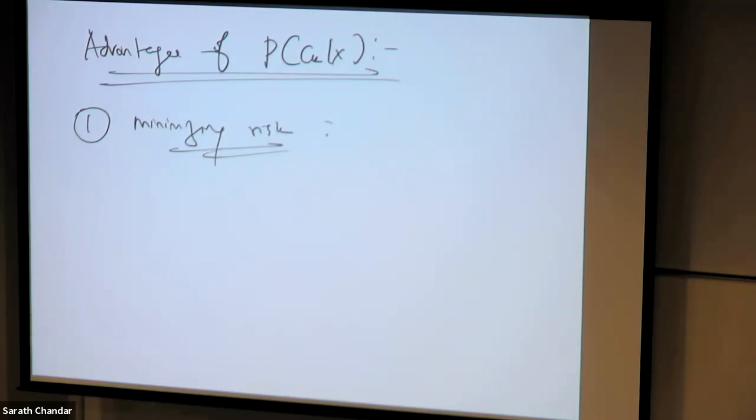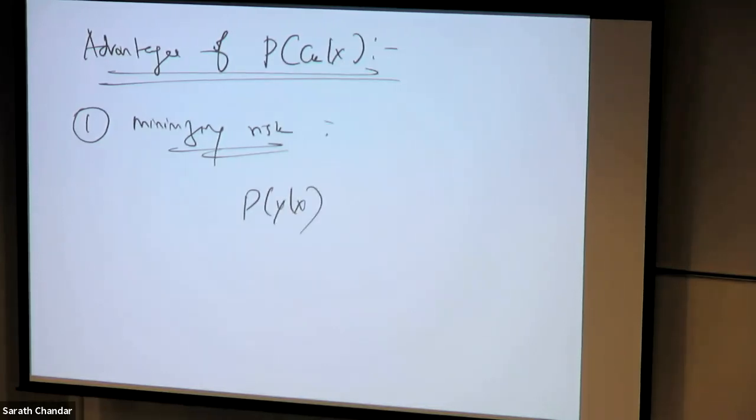If your loss matrix changes once in a while, then with discriminative models it doesn't affect the model at all, because the model is only estimating P of Y given X. There are two components in decision, P of Y given X and the loss matrix. So the loss matrix changing doesn't have any effect on P of Y given X. I don't need to retrain my model. I can use the same model. Every day you give me a new loss matrix, I'll tell you what is the correct class based on the loss matrix.